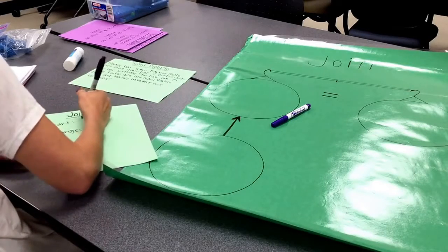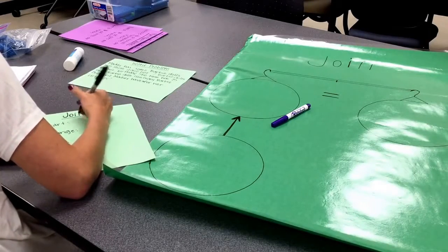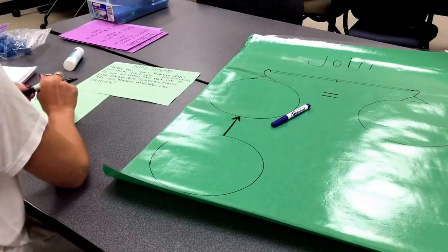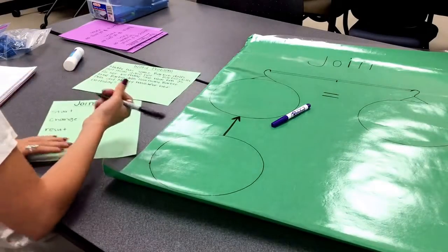The start is how many Barbie dolls she has before her birthday. The change is how many Barbie dolls she got for her birthday, and the result is the total number she has now.